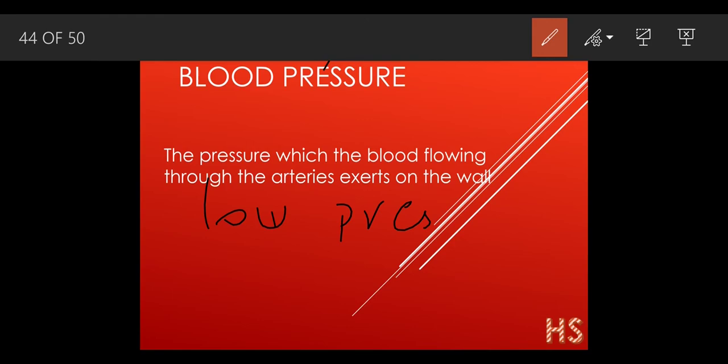The heart is pumping but it is not transporting that much blood, it is exerting a low pressure. This is called low pressure, in which the person feels weak, and there can be a problem related to eyesight also. The person can see blurry, a person who is suffering from low pressure.